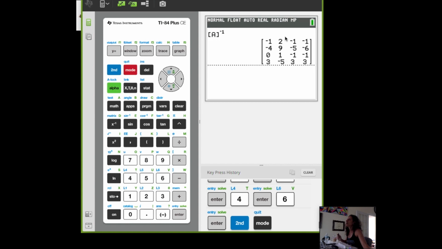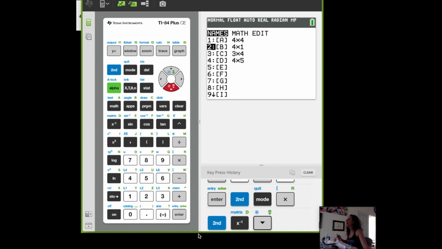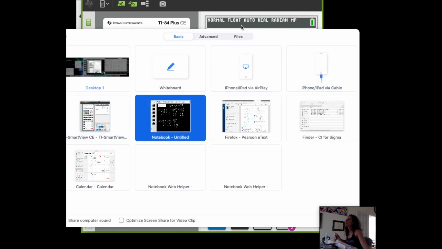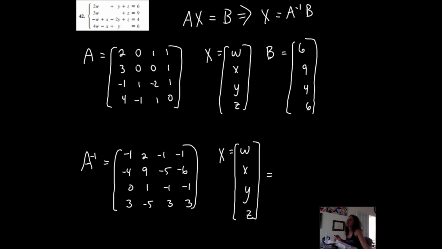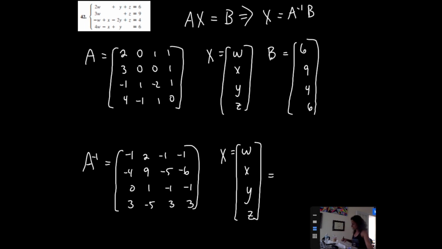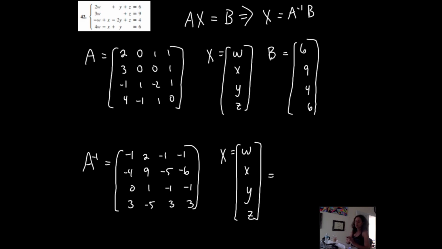Back to my home screen. I want to take this and multiply it by matrix B, in that order, right? Because it does matter which order I multiply matrices. And there's my answer. Again, I could do it by hand, or I could do it on the calculator, whatever floats your boat. But if I have a system of much larger variables and matrices, I'm going to use my calculator.